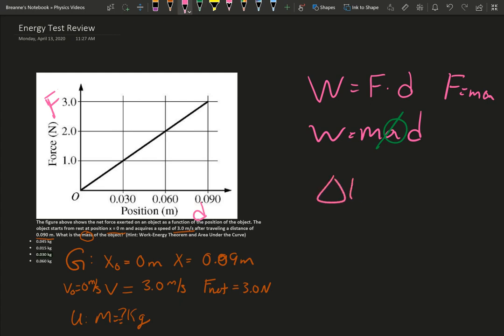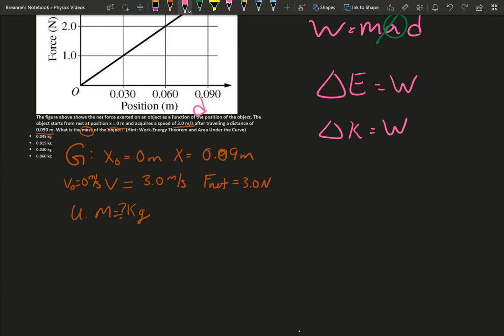That's when your change of energy equals your work, specifically your change in kinetic energy equals your work. So you can do your final minus your initial equals your work, and you can break that down even further: 1/2 m v final squared minus 1/2 m v initial squared equals force times distance.